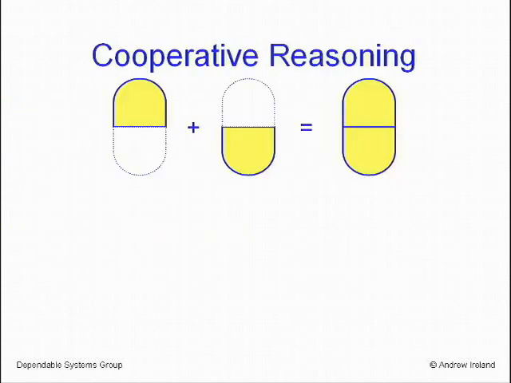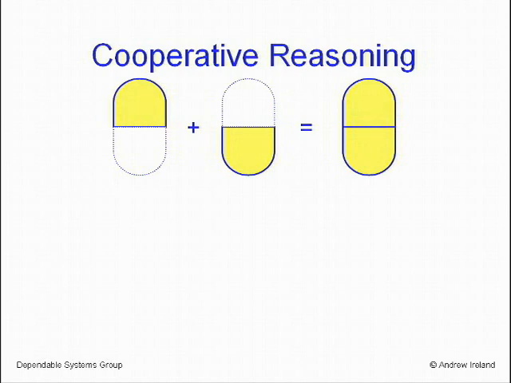So lastly, I want to come back to cooperative reasoning. I put it in the title for good reason, because it is a central theme of the project. One way you can think about a cooperation is that it's just the sum of the two parts. You have this part here and this part here, you glue them together, and what you have is just the sum of the parts.